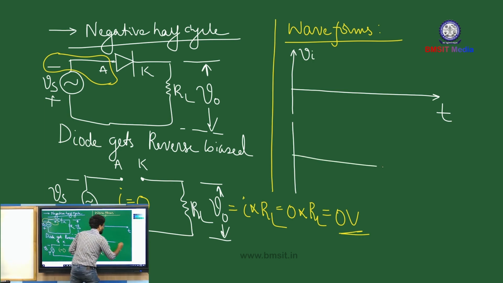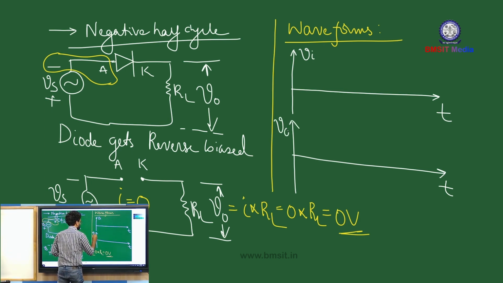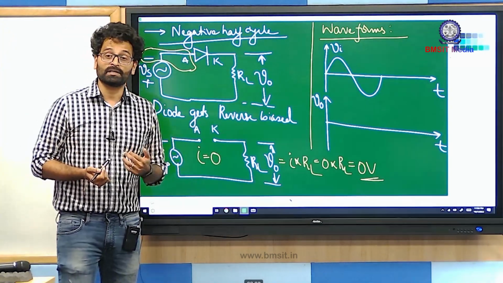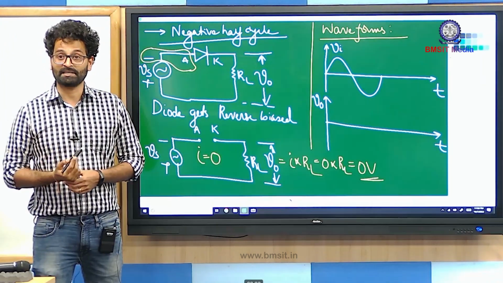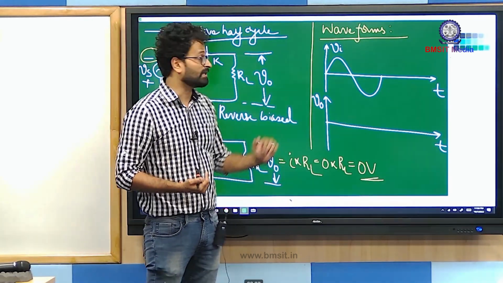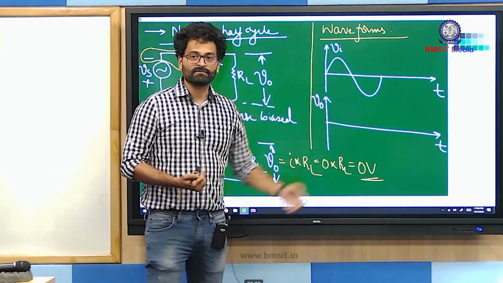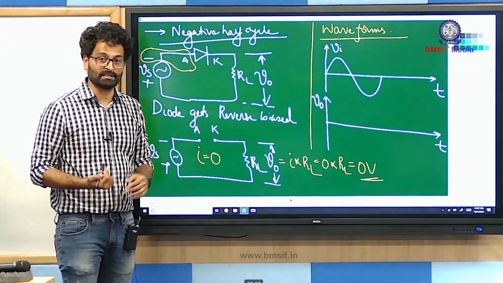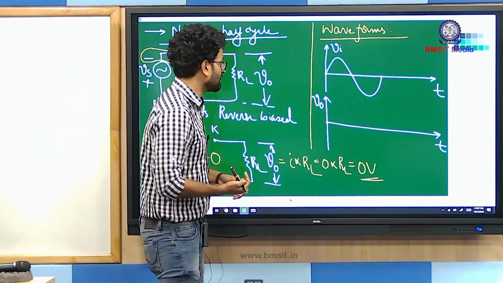Right below the input voltage, you draw one more graph for the output voltage. The input voltage is a bidirectional signal, and we have considered a sinusoidal signal. But remember one thing, it need not be sinusoidal. You can have other forms of alternating signal, such as a triangular signal or a square signal. Just for the sake of simplicity, we have considered a sinusoidal signal.